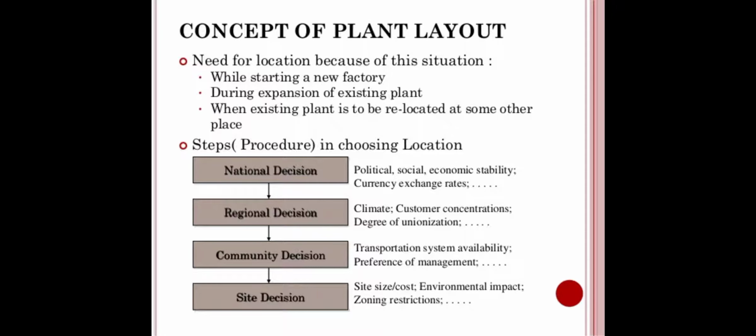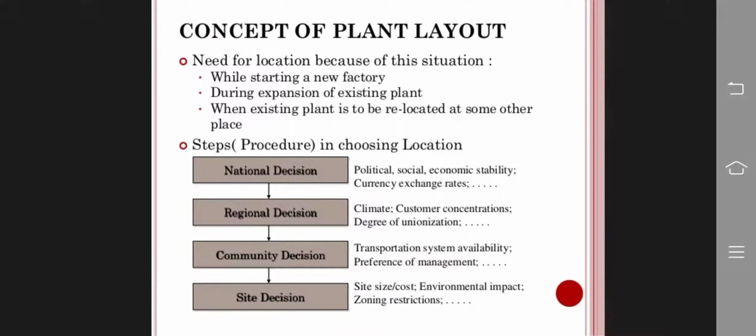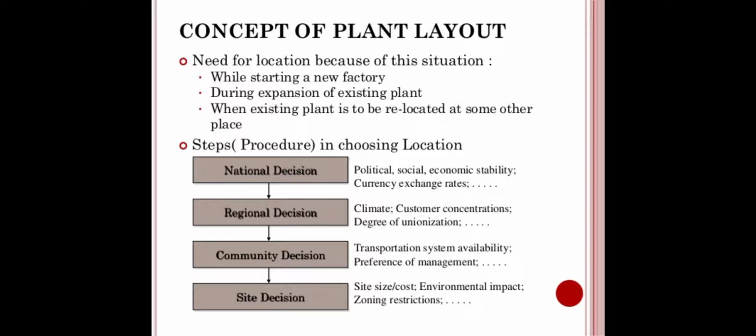Then site decision is dependent on the site size. Obviously the area matters, that's why we plan layout before, because the size is very important in the factory location decision.